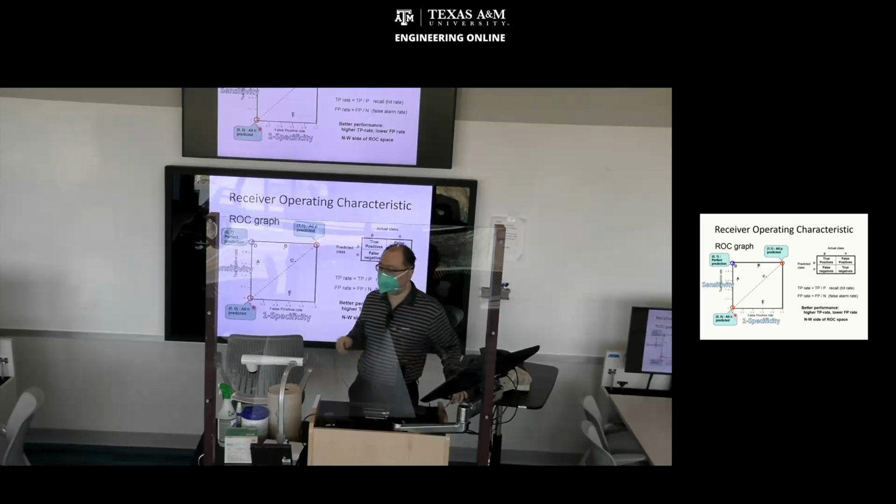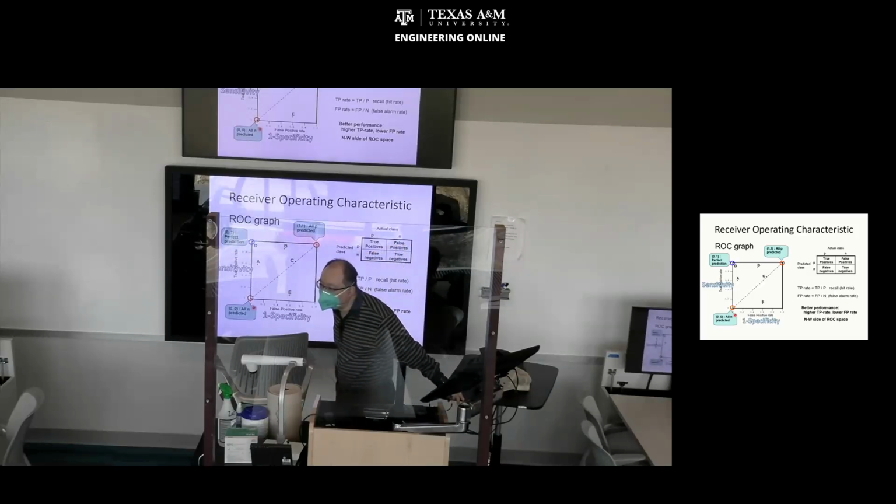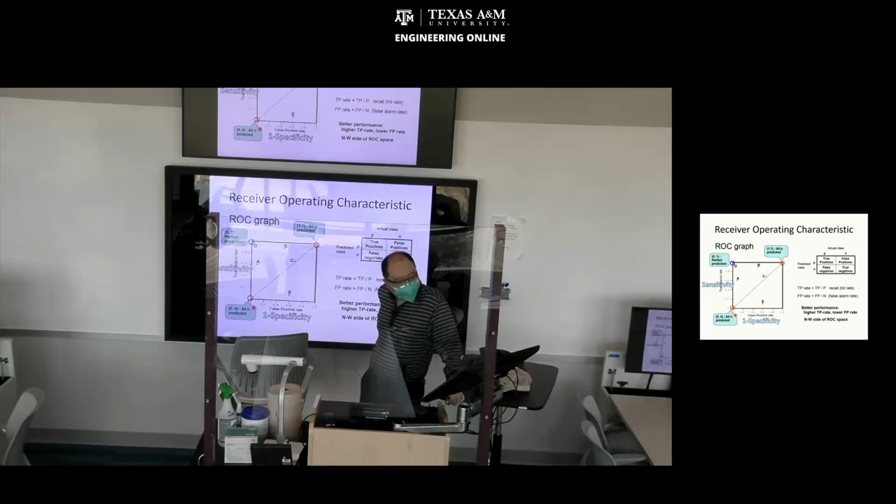What scenario is this? When would you have this? True positive rate is 0 and the false positive rate is also 0. When would that happen? No data? False positive rate equal to 0.